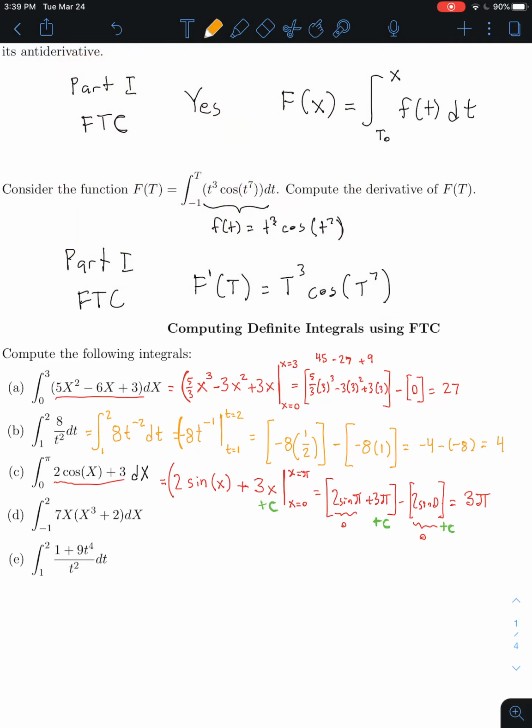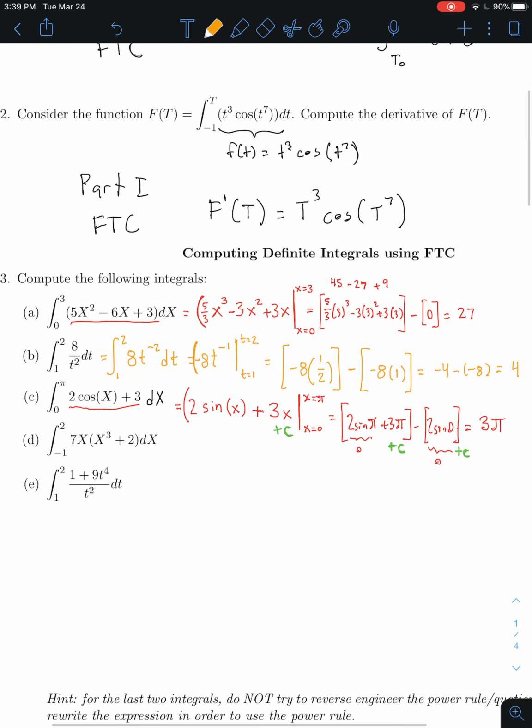Now let's take a look at part D. Here, we see that we have a product of two functions. We have 7x times x cubed plus 2. And our first inclination might be to use something kind of like the product rule that we had for derivatives in the antiderivative.